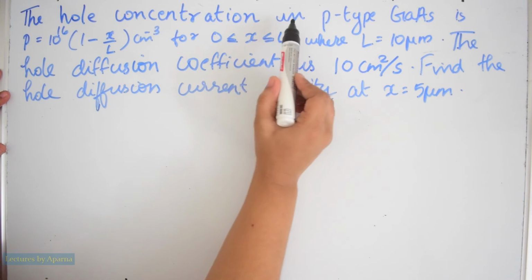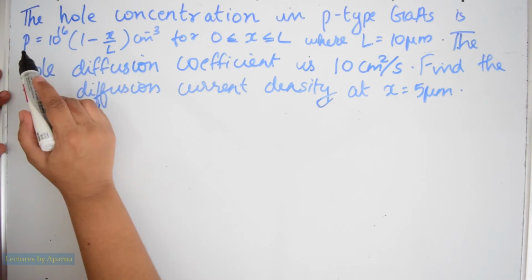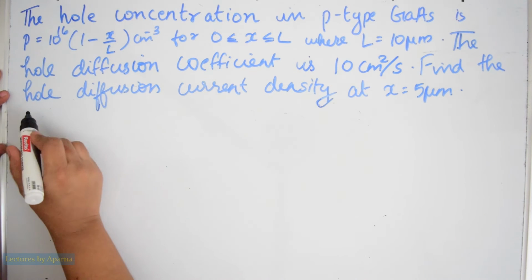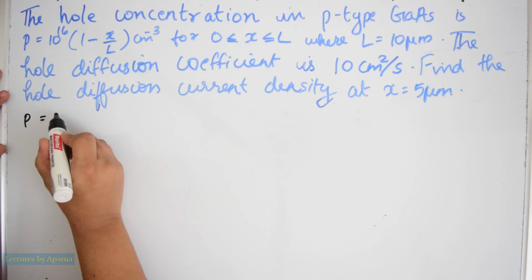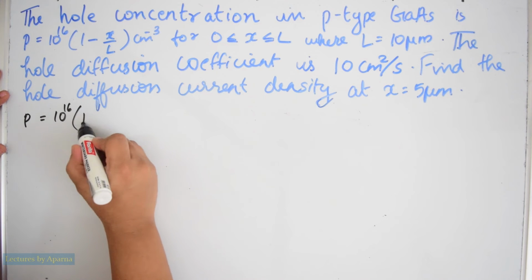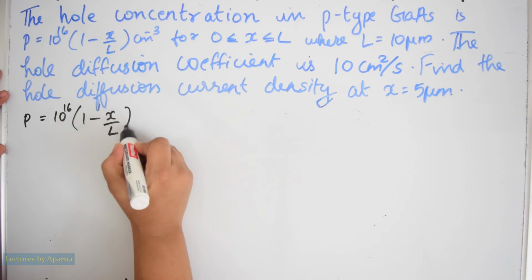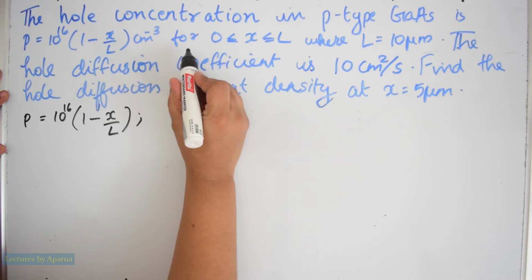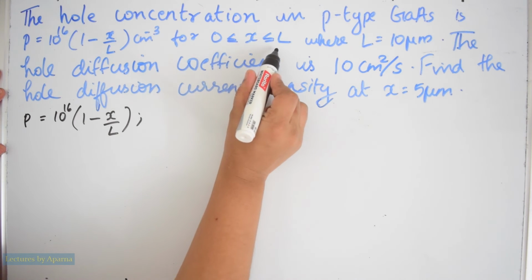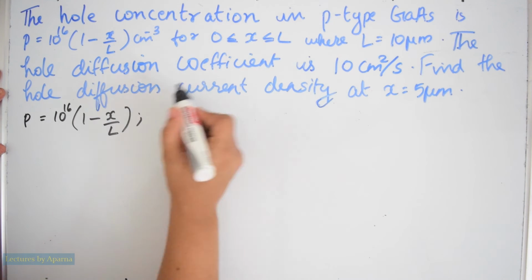The hole concentration in p-type gallium arsenide is P is equal to 10 raised to 16 into (1 minus x by L), for 0 less than or equal to x less than or equal to L, where L is 10 micrometer.